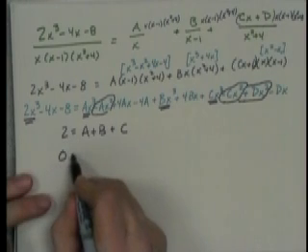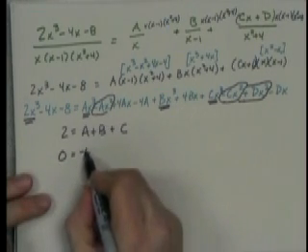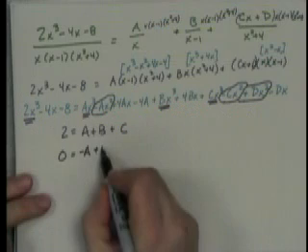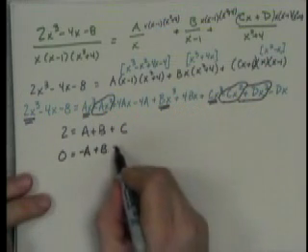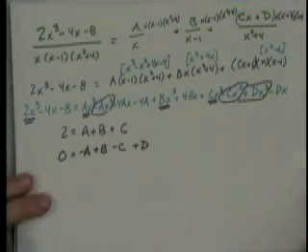So 0 would equal negative A plus B minus C plus D.